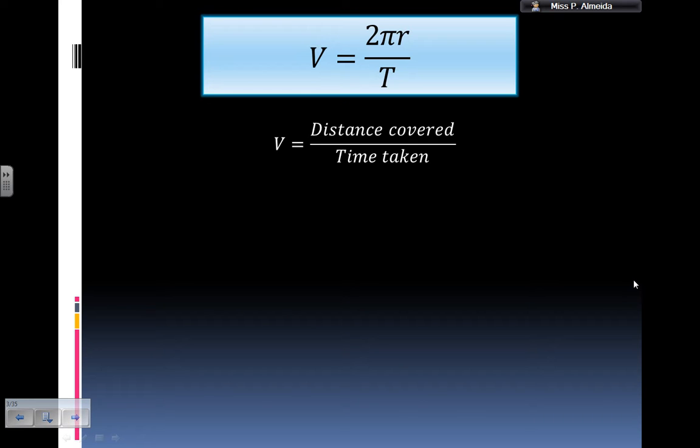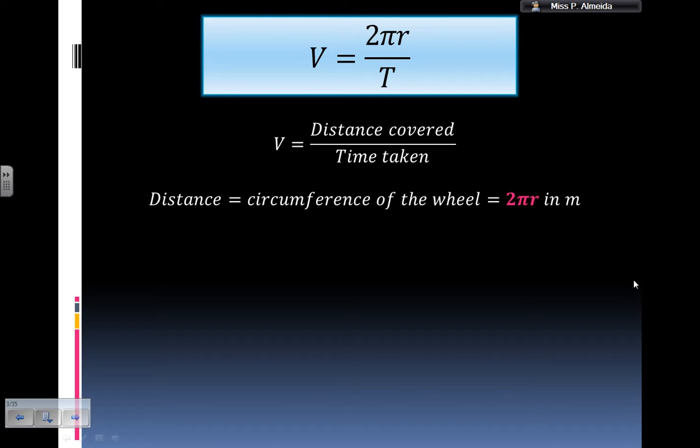So if you want to show this, it's really easy. You just need to remember that the velocity is the distance covered over the time taken. This is something that you learn really early on. And the distance, when I have a circular motion, is going to be the circumference of my path, okay? I have here written wheel, but any path. So that's going to be 2 pi r, and you should have it in meters.